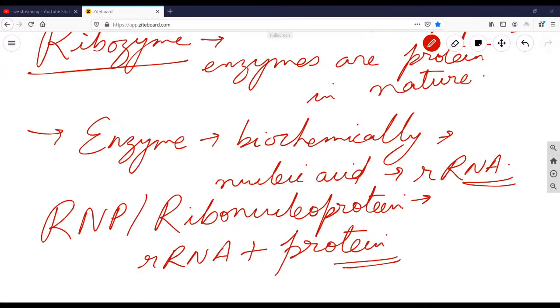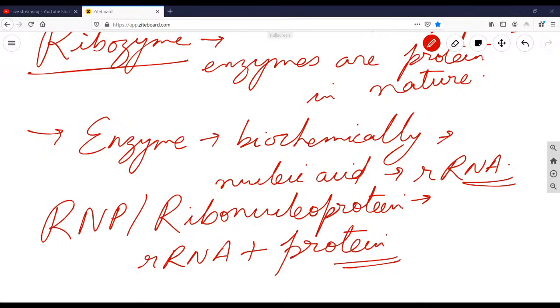So here, how would the initiation event occur? The initiation would happen at the ribosome. Once the mRNA binds to the ribosome, its cognate tRNA would come and bind to the ribosome as per the codon present in the mRNA.